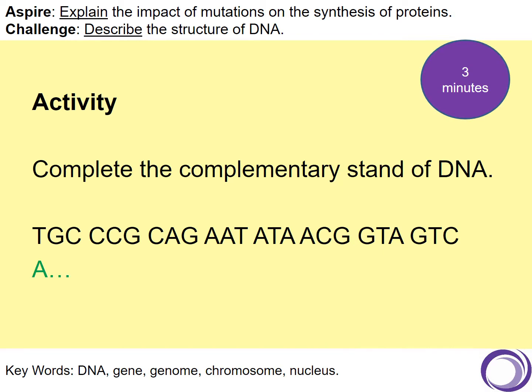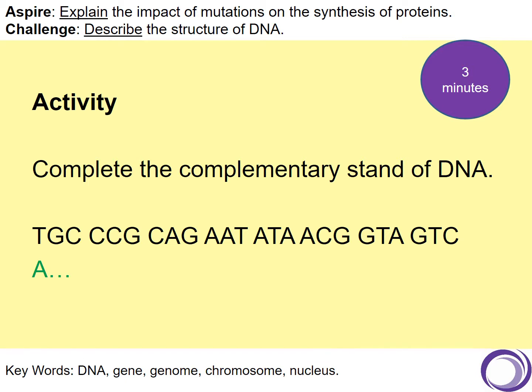Okay, so what I want you to do, I'm going to give you 3 minutes. I want you to complete the complementary strand of DNA. Now just imagine those black letters all in a row are amino acids. So 3 bases make up an amino acid. So you've got 1, 2, 3, 4, 5, 6, 7, 8 amino acids arranged in that particular order, making up a strand of DNA.